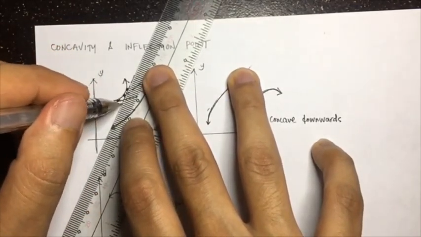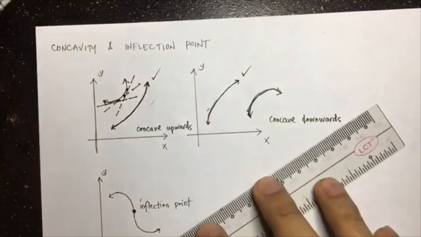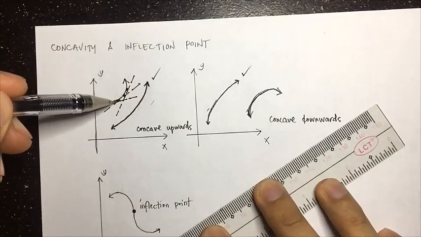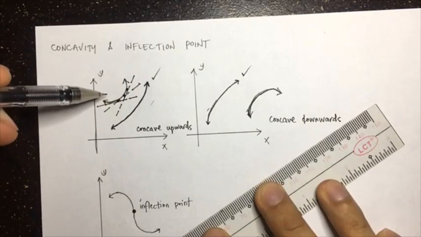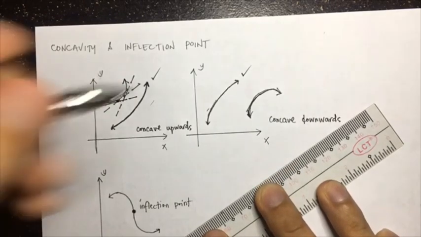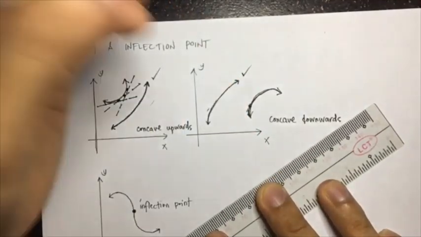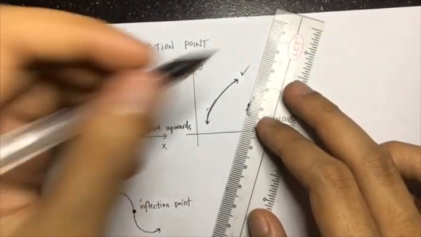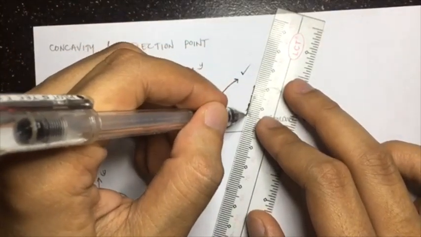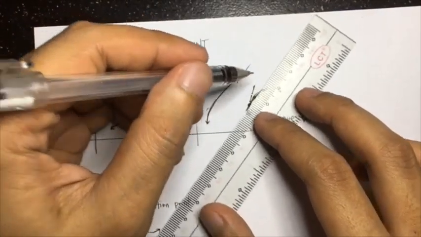So as we go from left to right, the slopes of the tangent lines are gradually increasing. And on the concave downwards, we can see that the slopes of the tangents are gradually decreasing.